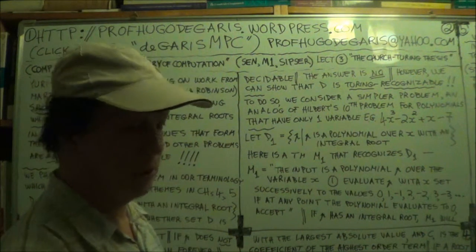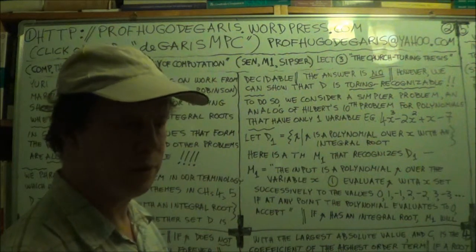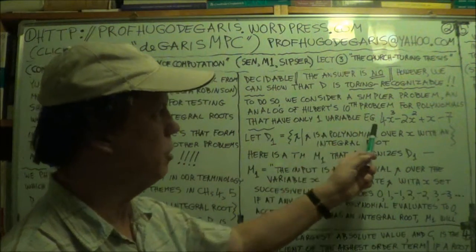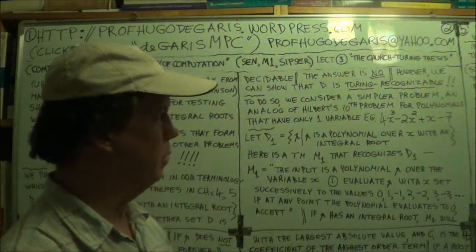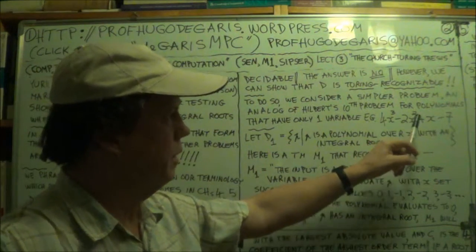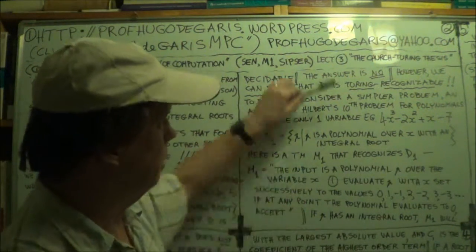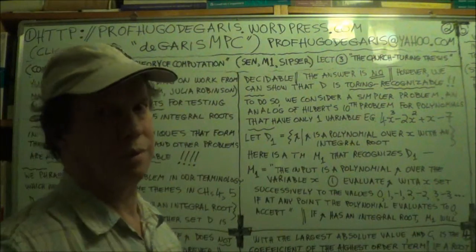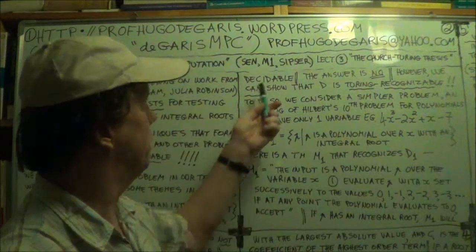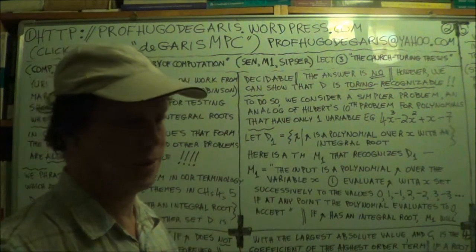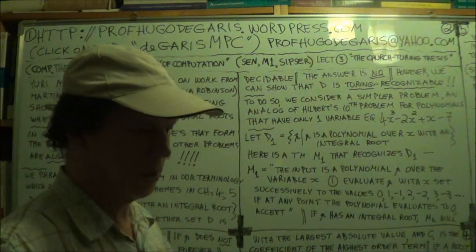So we will simplify things a bit now, and take a concrete example of a polynomial, and this time with just one variable, and then we'll use it to illustrate what we've been talking about on a decidable language.